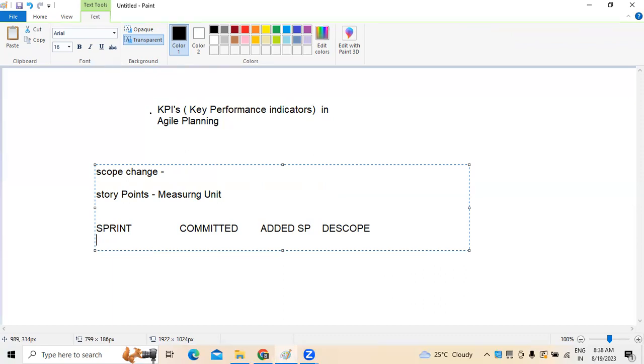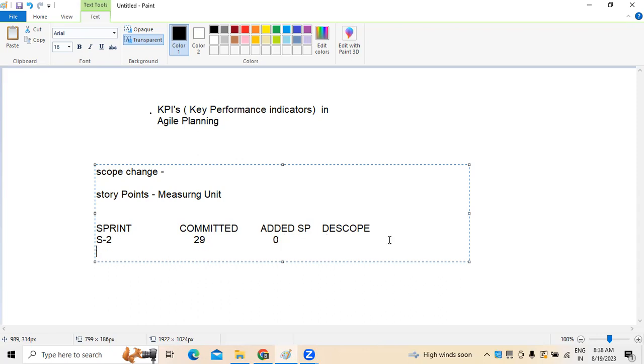Now, let's say sprint 2. For sprint 1 you don't see anything because sprint 1 is the first one, so we don't see any changes in that. But after that we also do the change. So sprint 2 is what we have taken. Assume that we have committed 29, whereas there are no additional story points added.